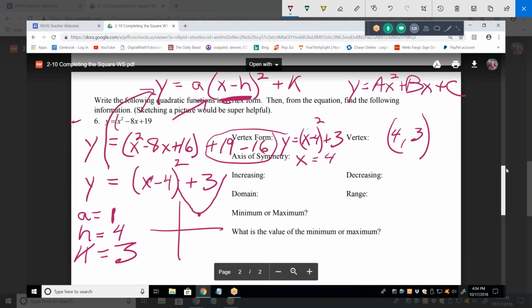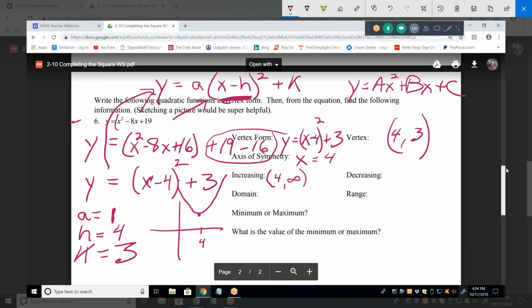From 4 to infinity. The 4 is neither increasing nor decreasing, so we put a parenthesis by it, and the infinities always have parentheses.